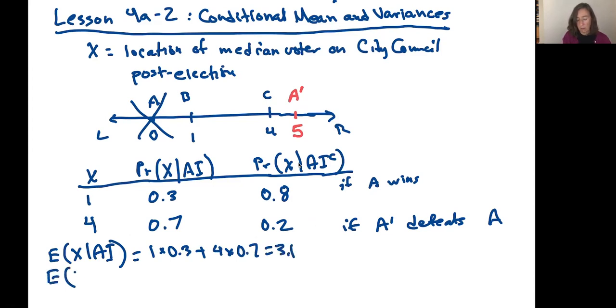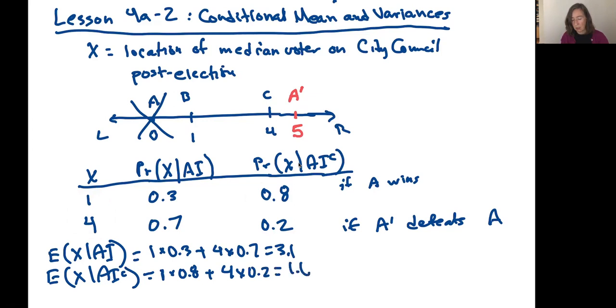Or we can calculate the expected value of X conditional on no anti-incumbent sentiment. To do that, we use the same outcomes here. The conditioning events are not affecting the values associated with the outcomes. They're just giving us a different set of probabilities. And so in that world, the probability that X is 1 is 0.8, and the probability that X is 4 is 0.2, and that is 1.6.